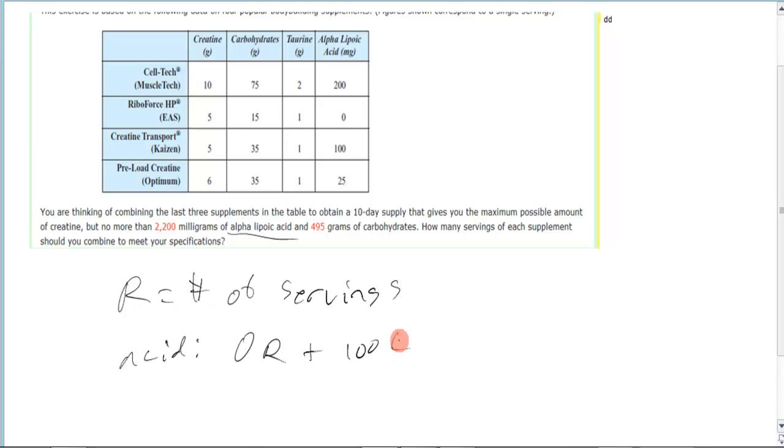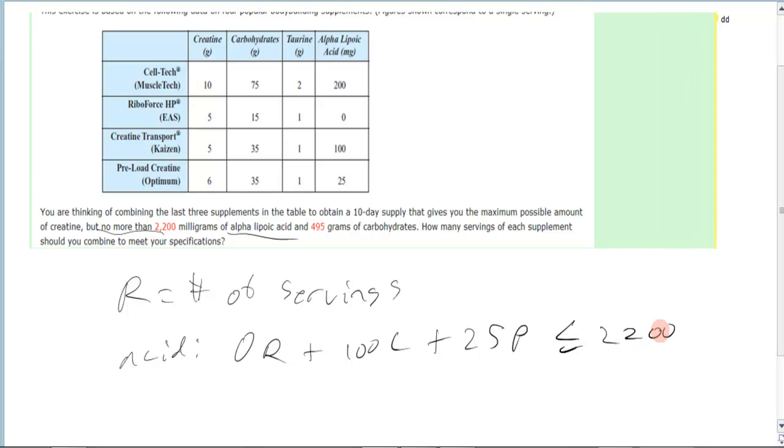So if I had 2 servings, that would give me 200. If I had 3 servings, that would give me 300, because 3 times 100. Then similarly, 25 from the preload, P, and I want that to be no more than, so less than or equal to, 2,200.